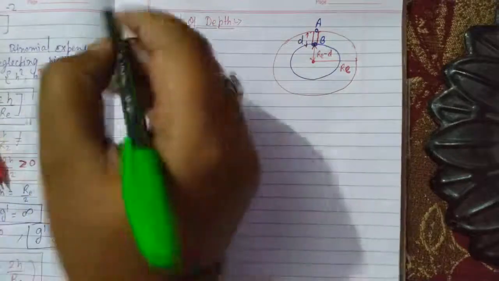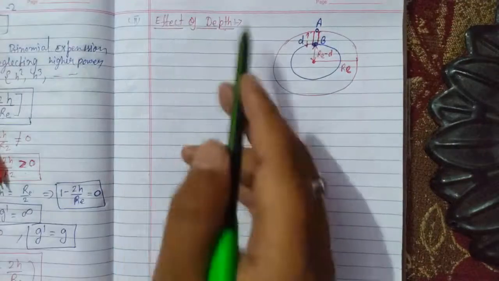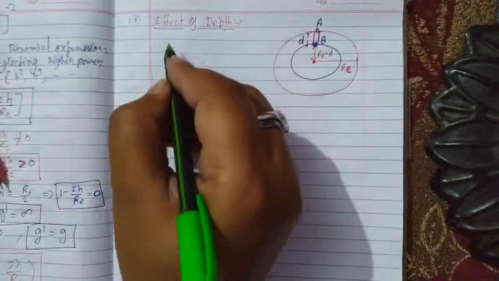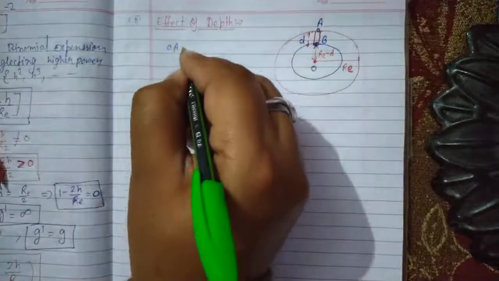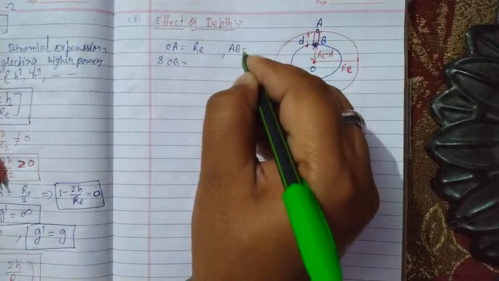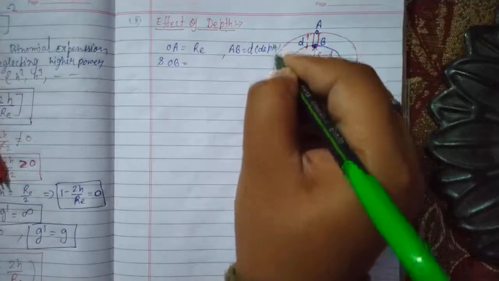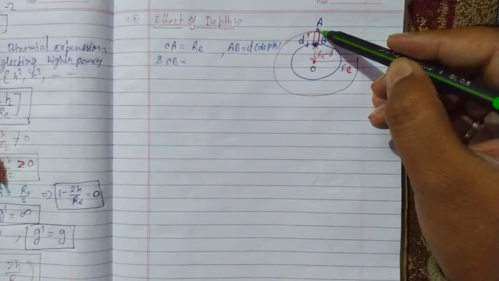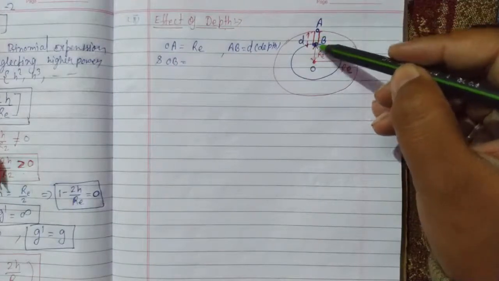Okay, students, next and second kind of variation is the effect of depth. Here in the figure, if this is the center of earth, OA equal to radius of earth is Re, and OB is the point. If we say AB is equal to d, d is depth, up to which the body of mass m is drilling inside the surface.